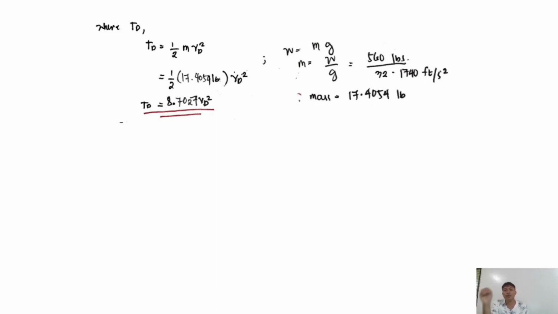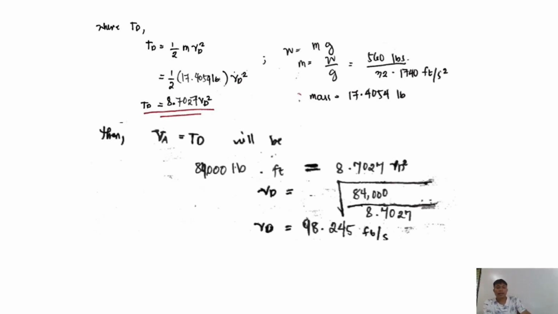Since we don't have the value of VD yet, we can equate TD and VA, since TA is equal to 0 and VD is equal to 0, so VA is equal to TD.